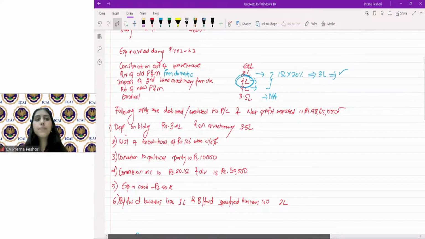What will happen to this? Whether depreciation on building and plant and machinery will be allowed as deduction?